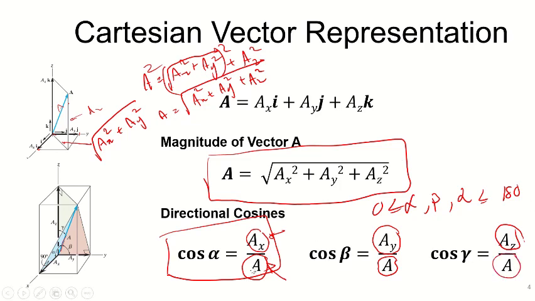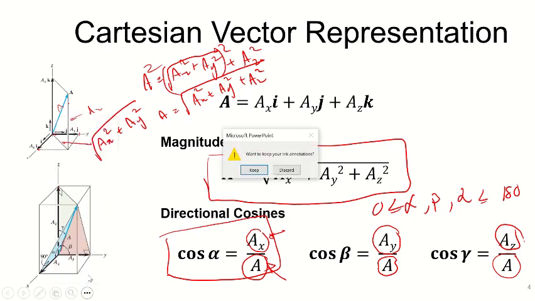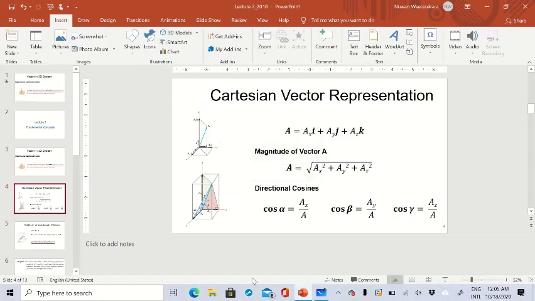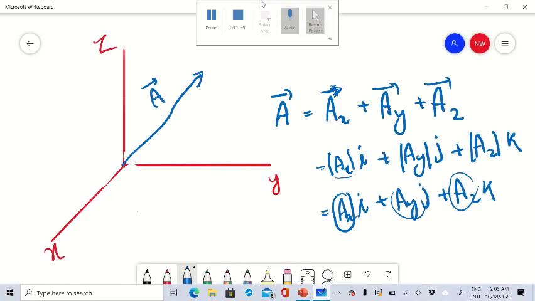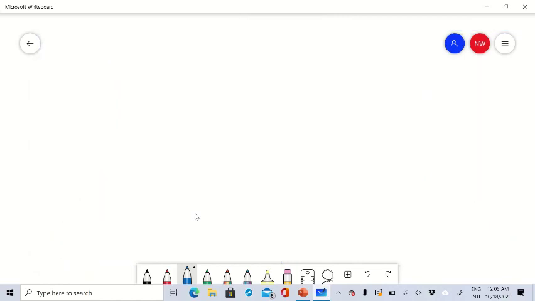Let me take an example. Now we have a vector A equal to 3i plus 4j plus 5k, right? Then what is the magnitude of the vector A?